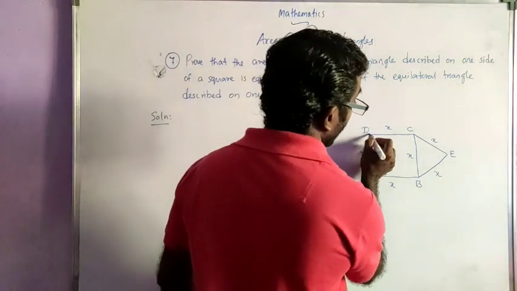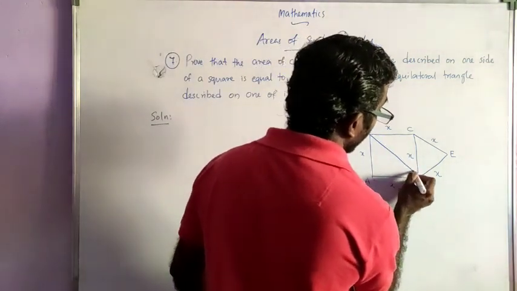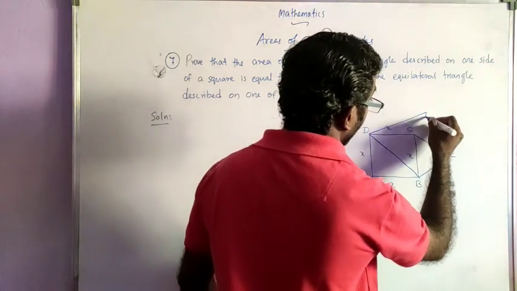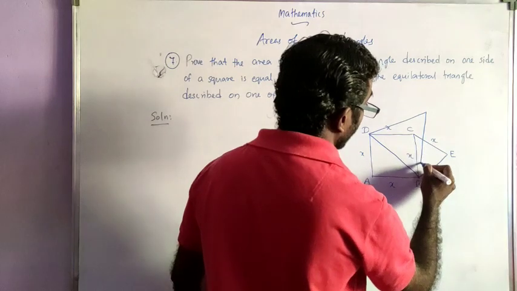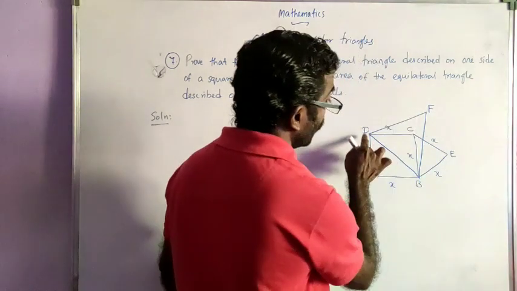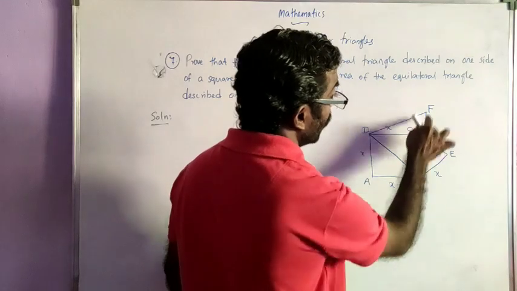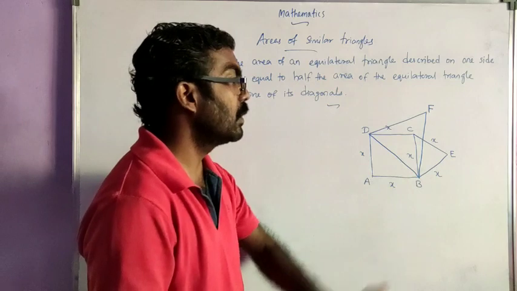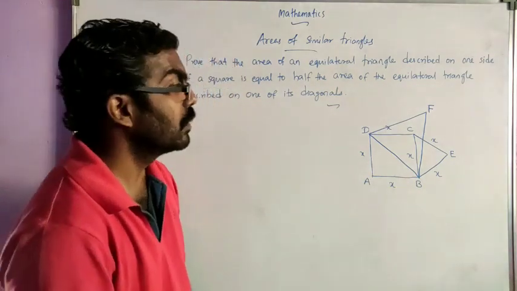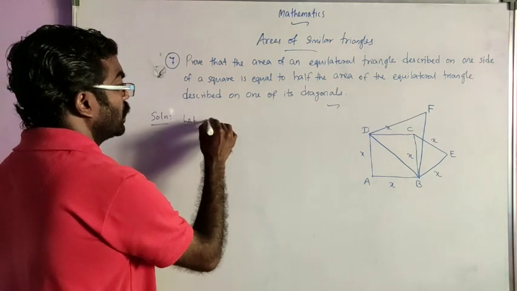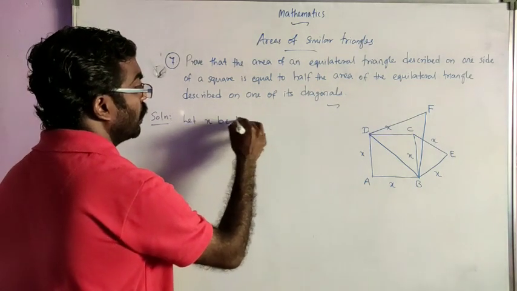So let us draw the diagonal BD, and here also we can draw an equilateral triangle. DBF is another equilateral triangle described on the diagonal BD. So let x be the side of the square.